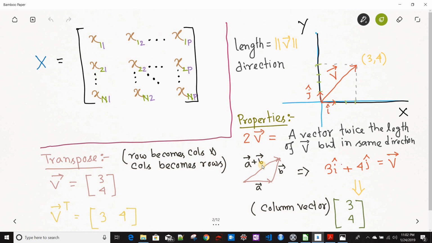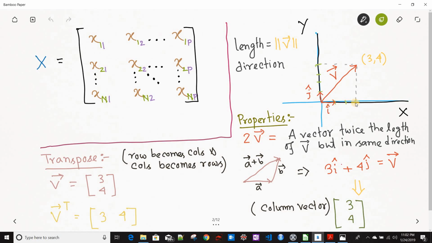Using this notation, if I define a unit vector along the x-axis as i hat and along the y-axis as j hat, then we can come up with this formula for v, where v will be 3i plus 4j.